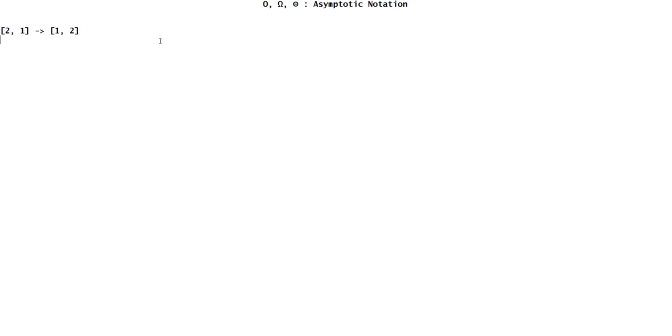Say we have some kind of clever algorithm to sort it, merge sort.